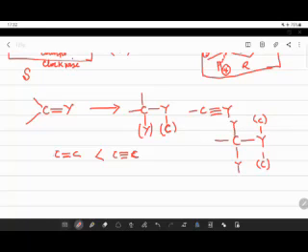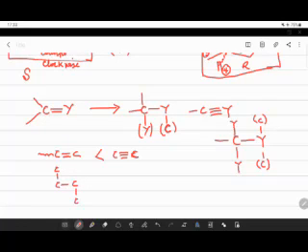So assuming this is the bond directly attached to the chiral center, then this carbon would have 1 carbon and 1 carbon.